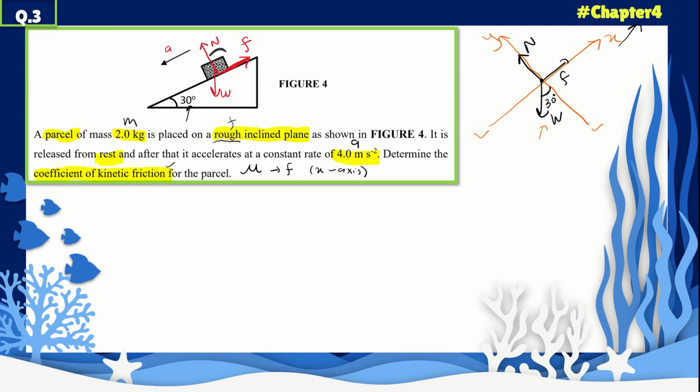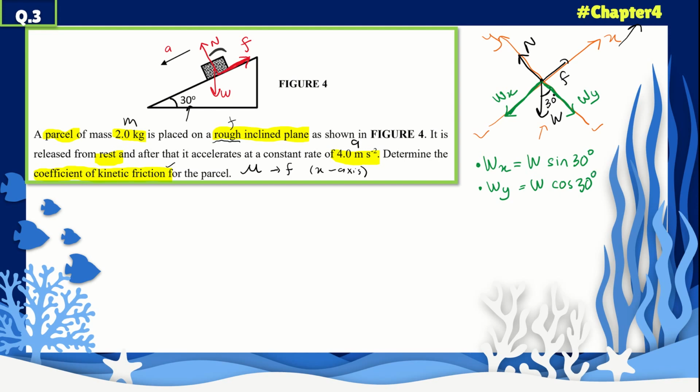So resolving weight, you will get here your W x-axis and here is your W y-axis. And we can straight away get the equation for Wx. Wx is equal to W sine 30 and Wy is going to be W cos 30.